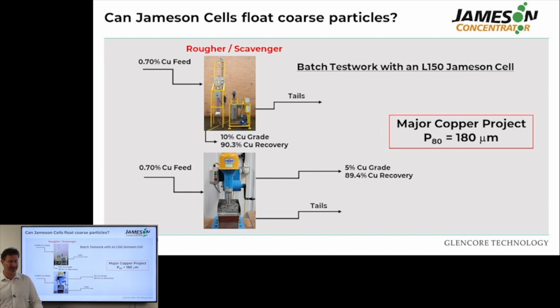So the feed size was P80 180 microns, so quite coarse, if you agree with me, and about 0.7% copper feed. So we ran that through in a batch mode through the L150 Jameson cell, and we had 10% copper grade at over 90% copper recovery.